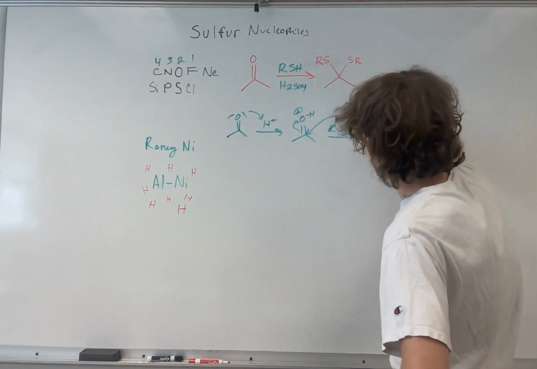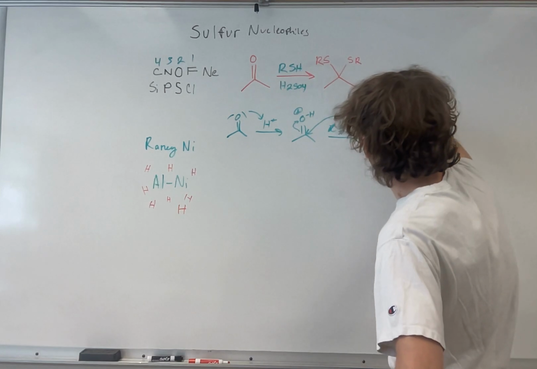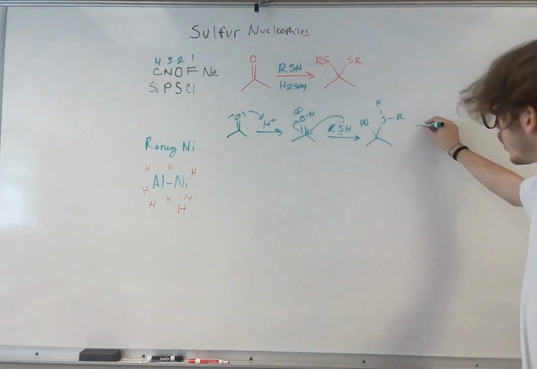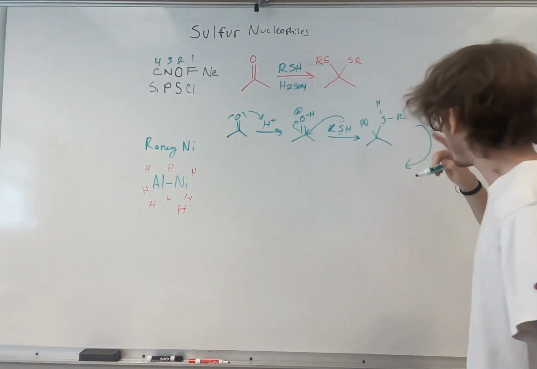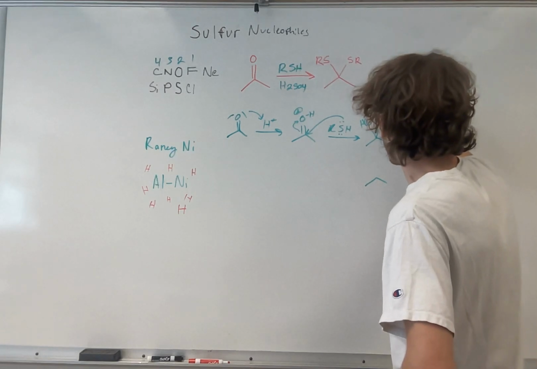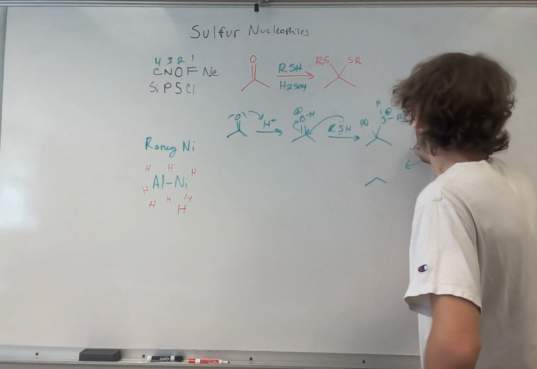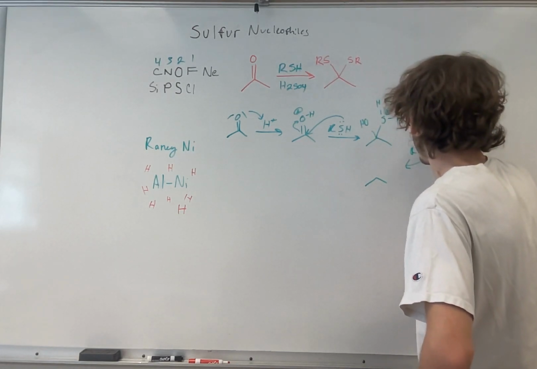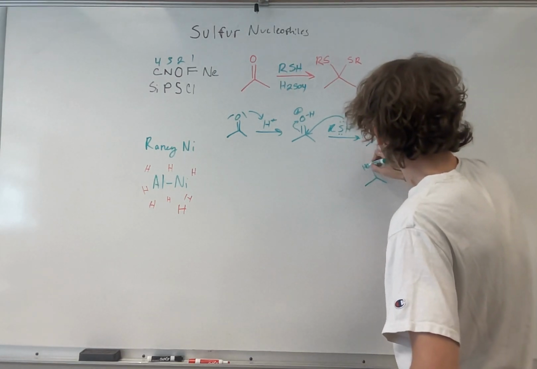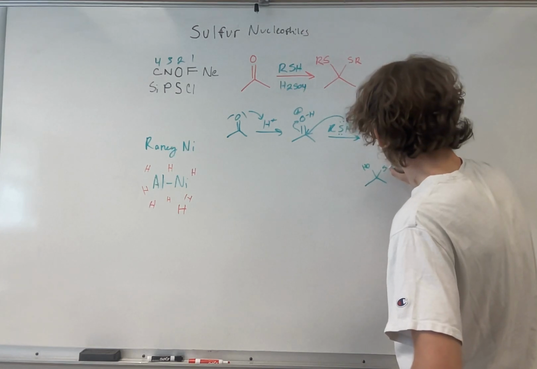So now we have an alcohol, and we have our sulfur here. What's going to happen next is we are going to deprotonate our positively charged sulfur. We could use another equivalent of thiol here. And we're going to form this nice little molecule.